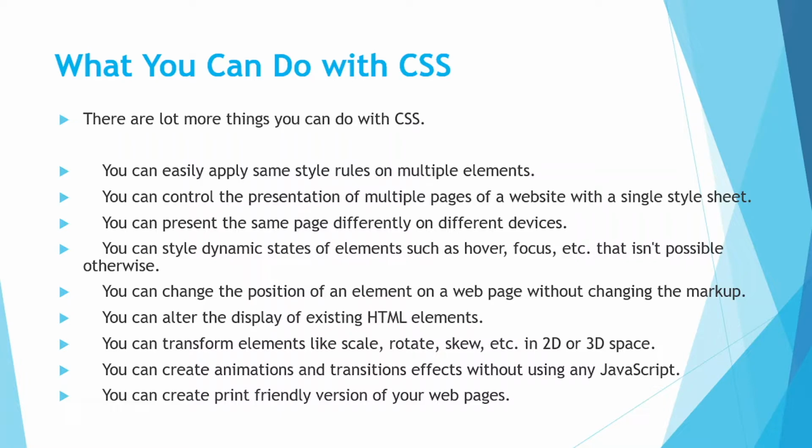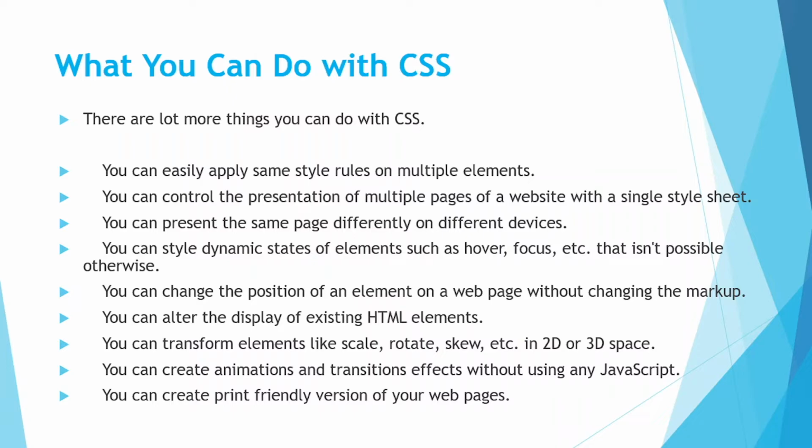You can style dynamic states of elements such as hover, focus, etc. We learn all of this in CSS. We can define hover properties or hover pseudo classes; we'll learn about them in a later video. You can change the position of an element on a web page without changing the markup. You can alter the display of existing HTML elements. You can hide them or show them.